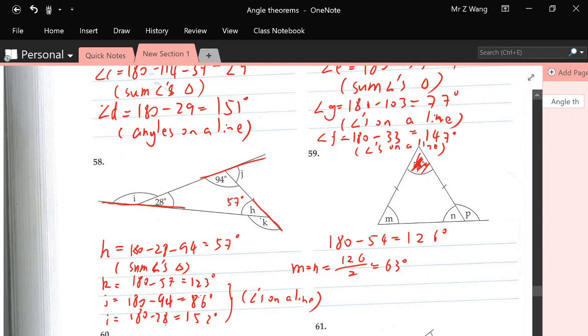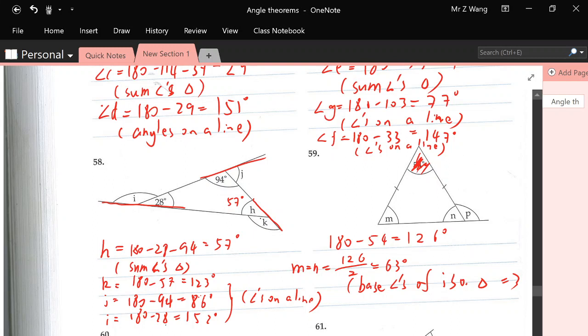Now, when we're writing a reasoning, we say this, right? Base angles of isosceles triangle equal. Okay?